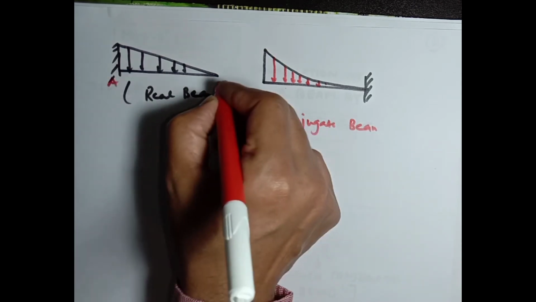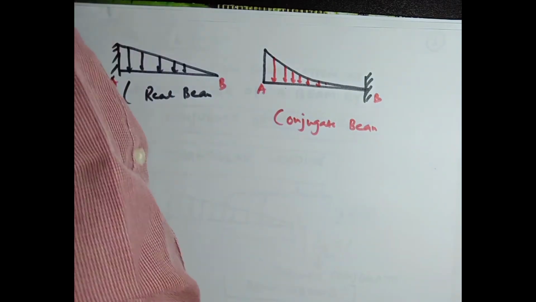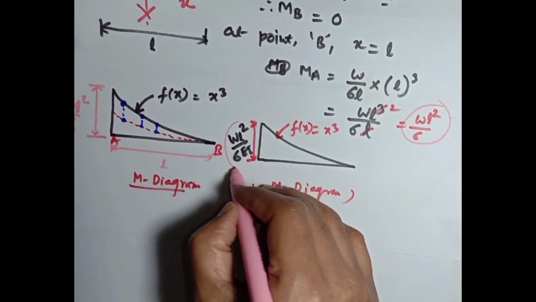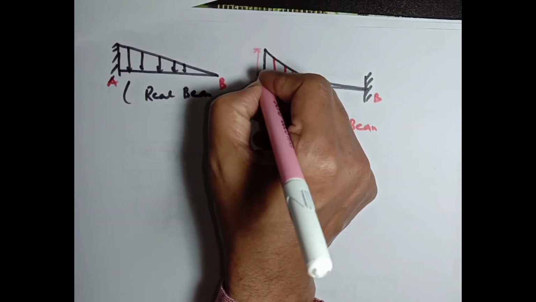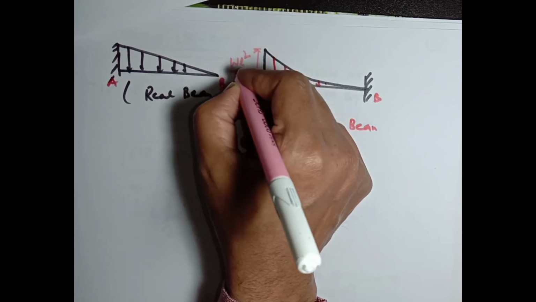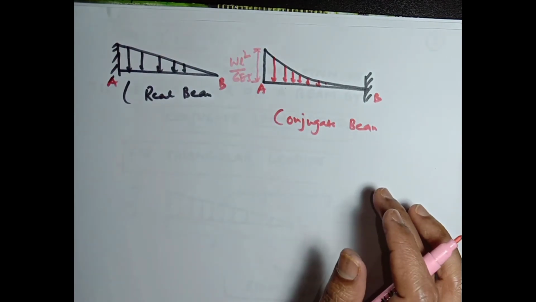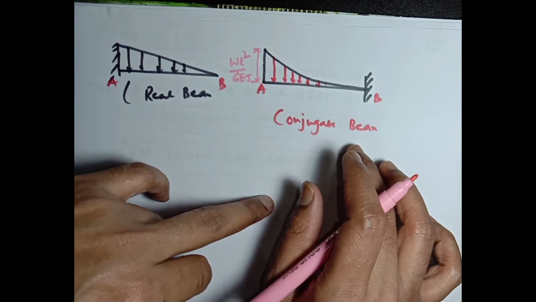This point is A, this point is B, and this point is A, and this point is B, and its maximum value is calculated here, as I have shown you, WL square divided by 6 EI. WL square divided by 6 EI is the maximum value of loading in the conjugate beam. Now we are done with the loading diagram of this conjugate beam.